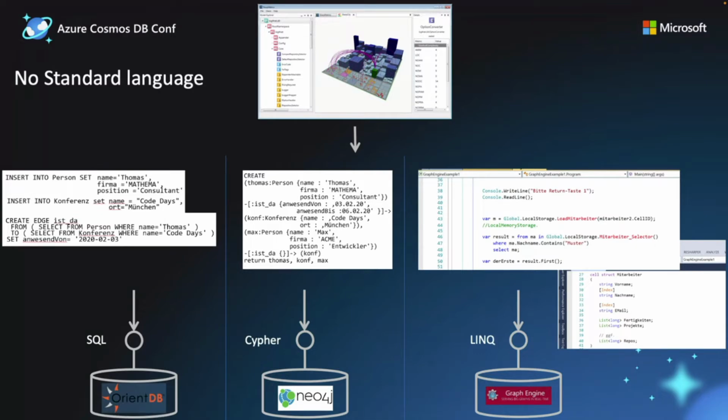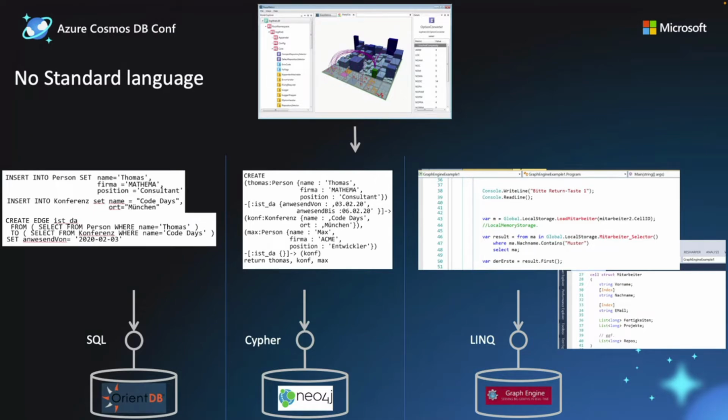And the third example I've given here is the Graph Engine, which is a research graph database implemented by Microsoft. They are using an IDL-like language, which is compiled into .NET code so that later on LINQ can be used to query objects. But all these languages are very, very different from each other. So this was not the goal or the language I wanted to use.